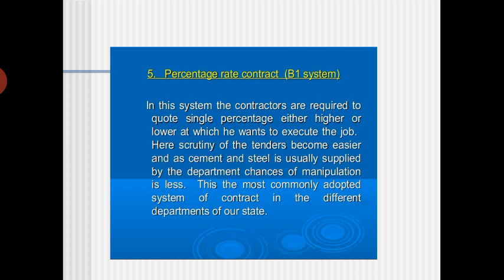For example, if a government department is organizing or making a project, the whole material will be supplied by the department itself, and they will give the contractors a percentage based on the material. That is normally what we call a B1 type of system.